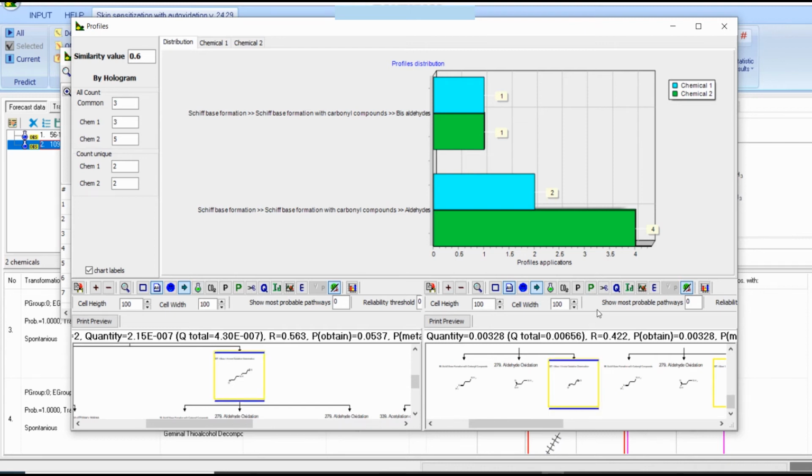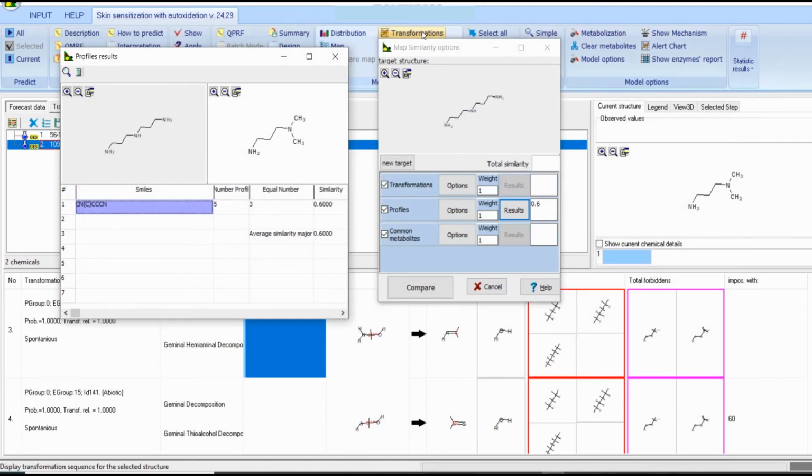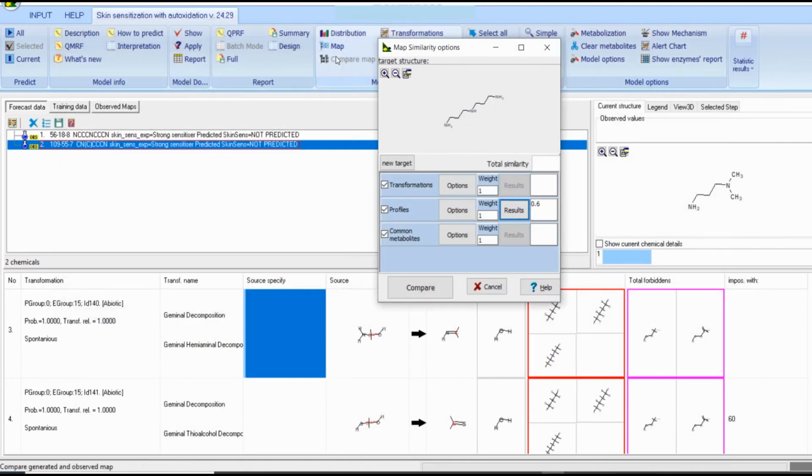Now, let's try to compare the simulated maps of these two chemicals with respect to the metabolic transformations which are simulated. All transformations are categorized into more general and more specific level of description.